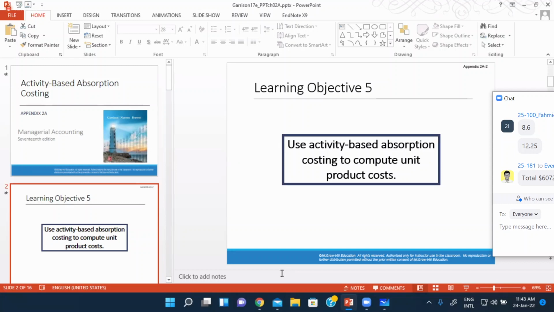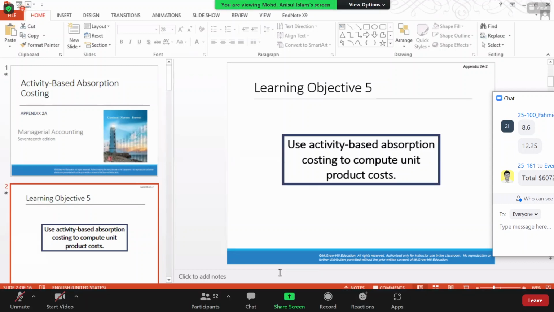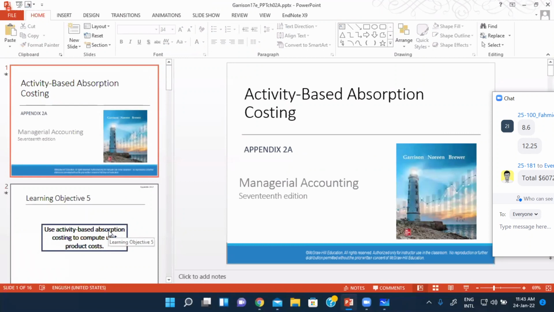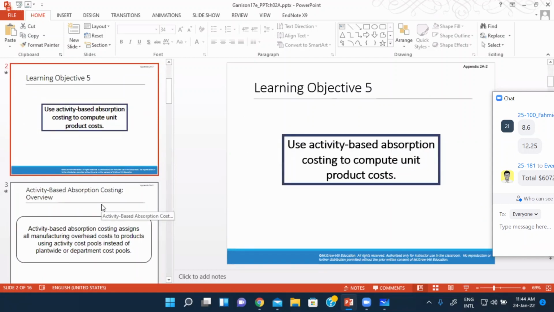Okay, so that is the activity-based absorption costing. Remember, while we are doing the absorption costing here, we are trying to integrate the cost information, manufacturing cost information in particular, to the units of products we are producing or to the job we are producing. And we see some challenges in applying manufacturing overhead, and we have some problems.